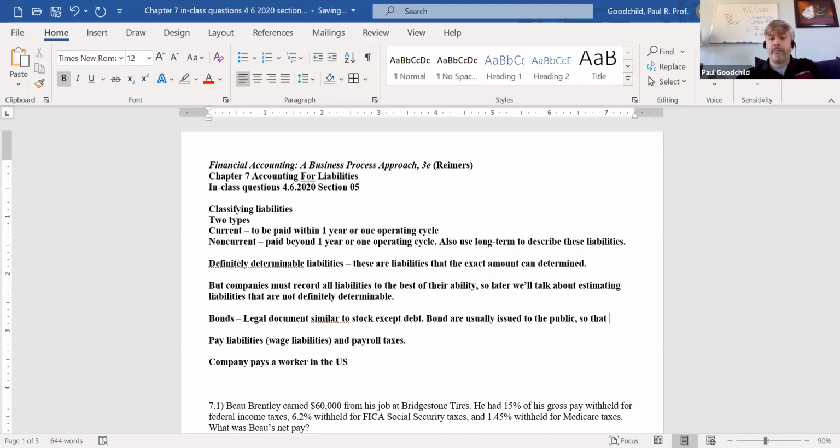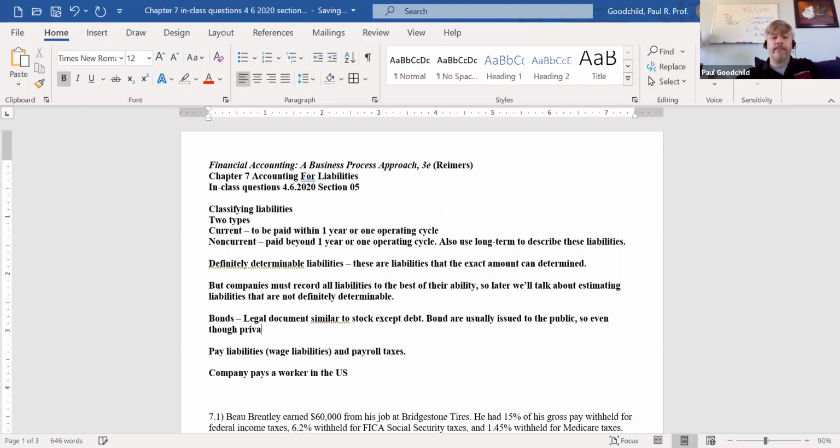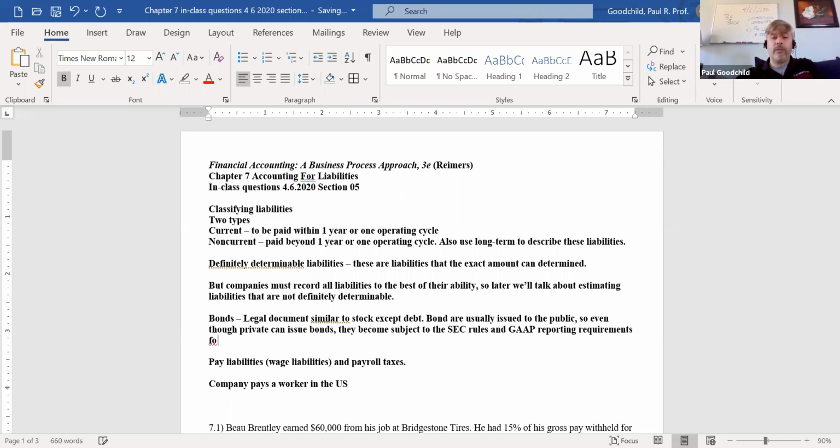So even though private companies can issue bonds, they become subject to the SEC rules and GAAP filing requirements for their financial statements if they issue bonds to the public.